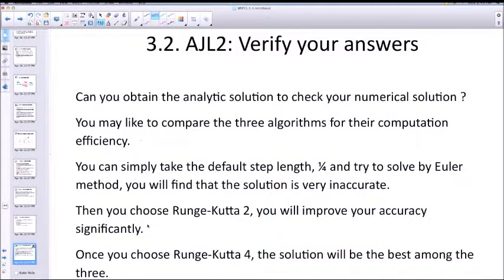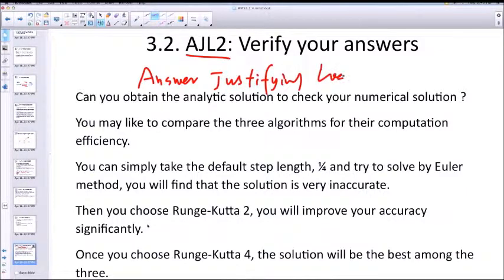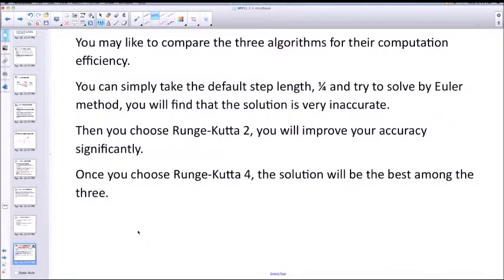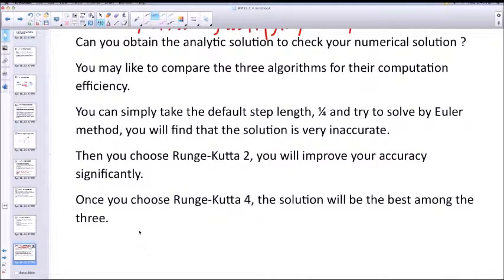And you remember this AJL means answer, justify, loop. The second step, verify your answer. Well, since it's solved numerically, it's very difficult to verify.